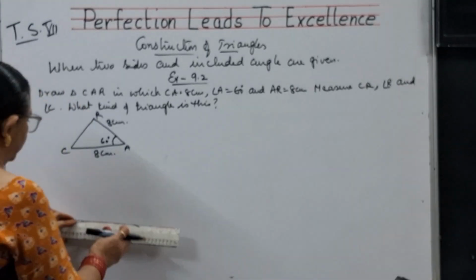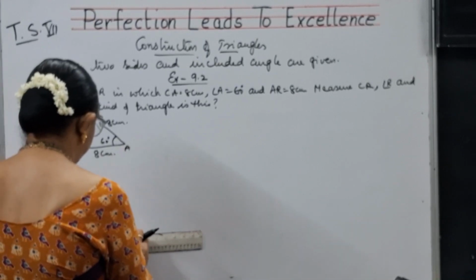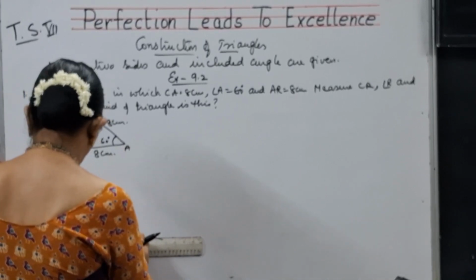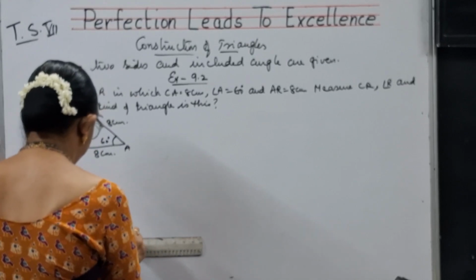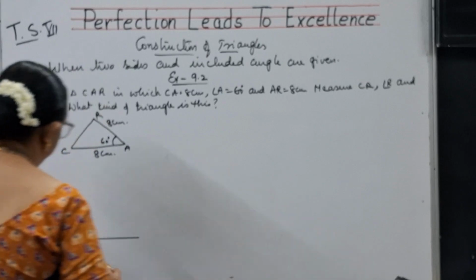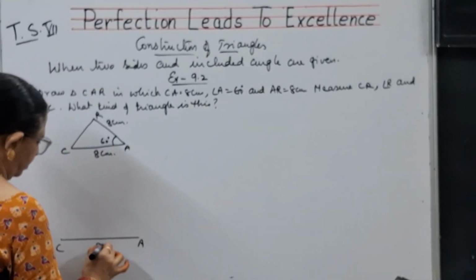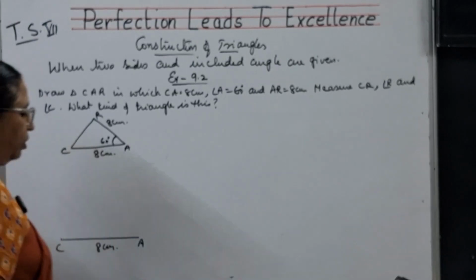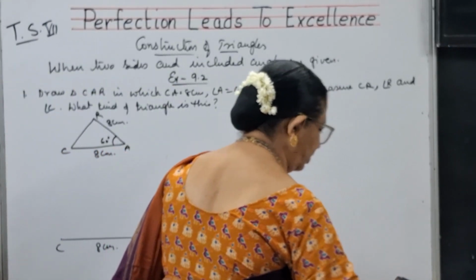So with that knowledge you have to do it. So let us first draw AC equal to 8 centimeters. 0 to 8. This is CA, 8 centimeters. Now what should I do? At A, I should go for 60 degrees.